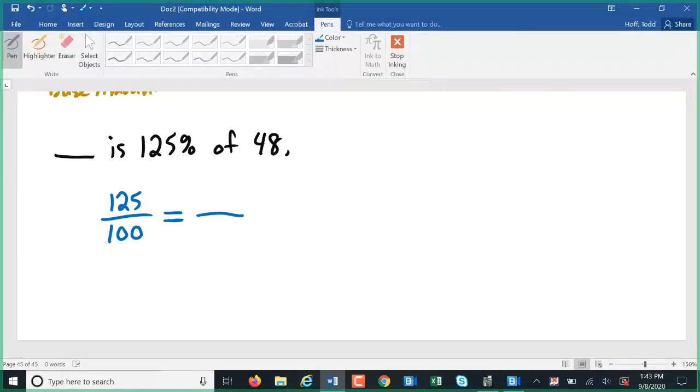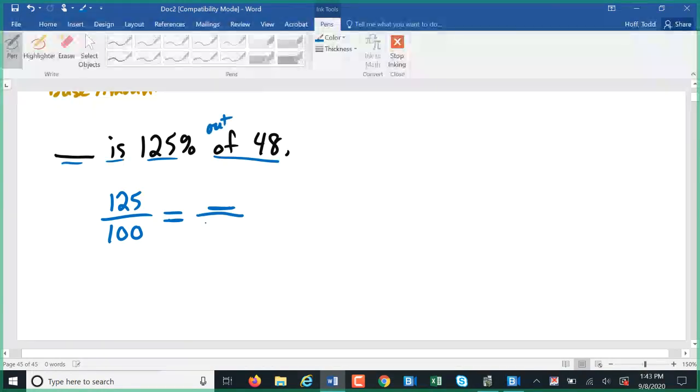So here's a case where that portion of interest is going to be larger than the base amount. Blank is 125%. That implies that missing number matches up with the 125. Of 48, again, we read that as out of 48, implies the 48 goes on bottom.